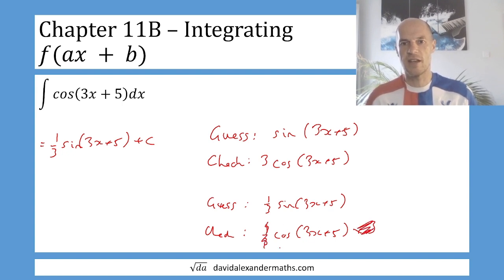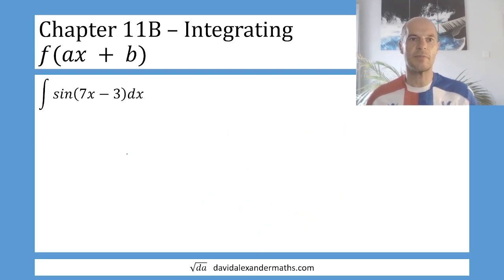So we can see that we have successfully differentiated 1/3 sin(3x + 5) to cos(3x + 5), so therefore cos(3x + 5) will integrate to 1/3 of sin(3x + 5) + c.